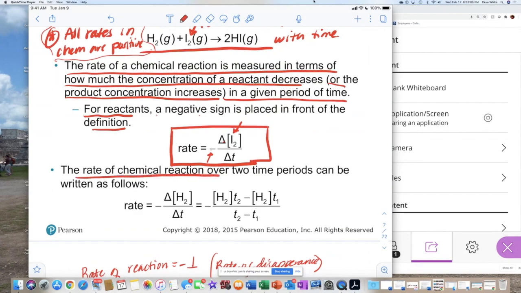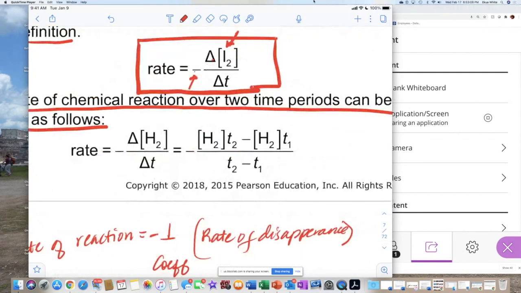The rate of the chemical reaction over two time periods can be written as follows. So here they change the focus and now we're looking at H2, the other reactant, not I2. But the idea is the same. It applies to both. The rate of the reaction is still a reaction, so it's negative. Change in concentration of H2 over delta T. Now remember, 2 here is essentially the final condition. 1 for the time is initial.